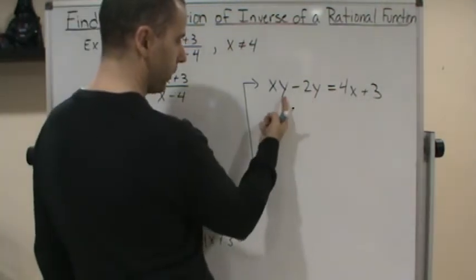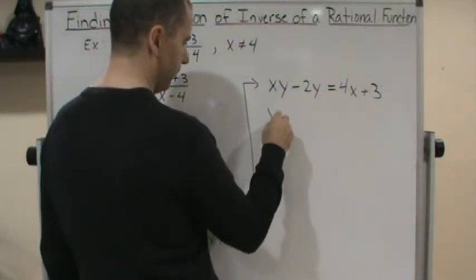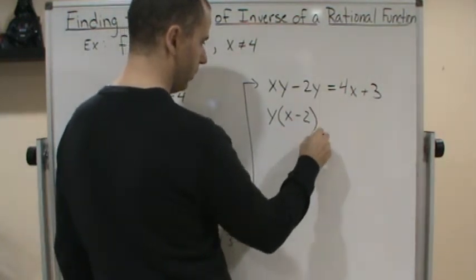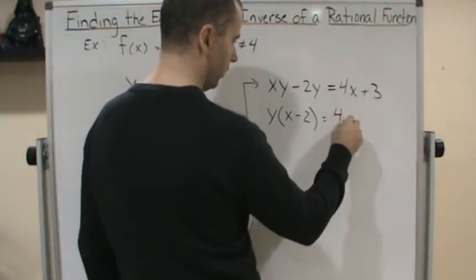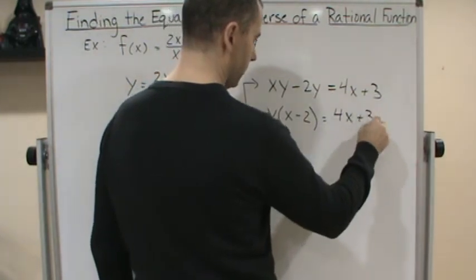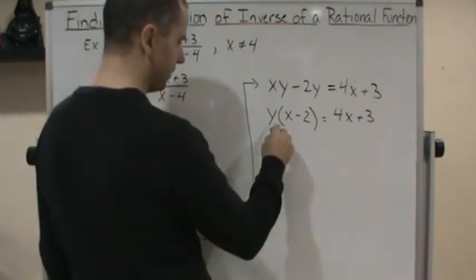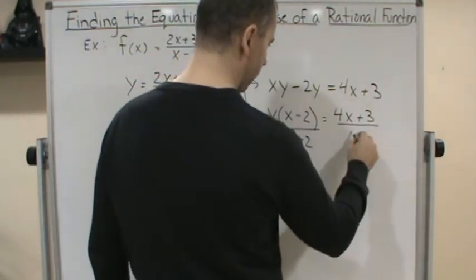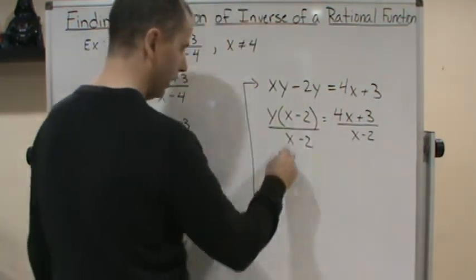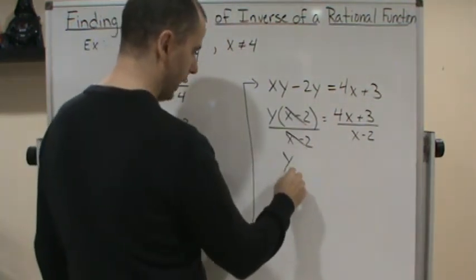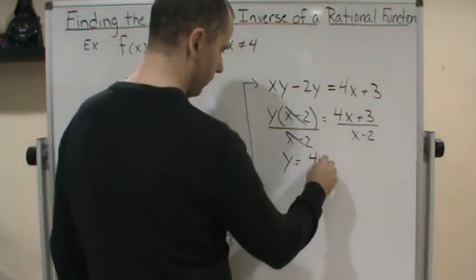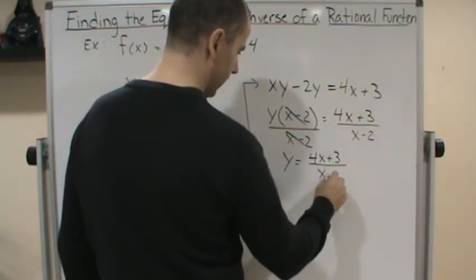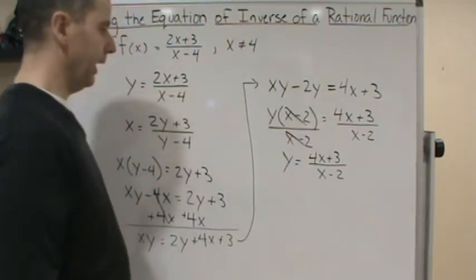Now I can factor out the y. So now I can write this as y times the quantity x minus 2 equals 4x plus 3. And then finally I get to divide both sides by x minus 2. And I get y equals 4x plus 3 divided by x minus 2.